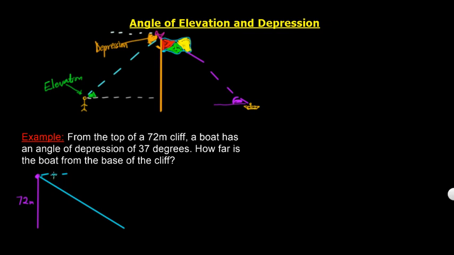So this is the angle of depression, which is 37 degrees. Now, if this is the boat, the question is, how far is the boat from the base of the cliff? That is, the question is asking us the distance between this place and this place. Let's call that distance x.